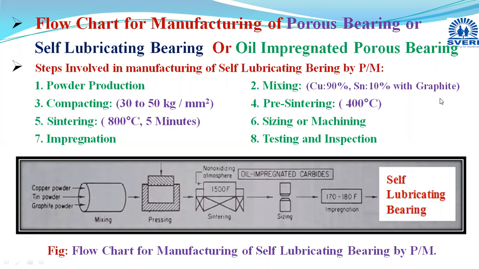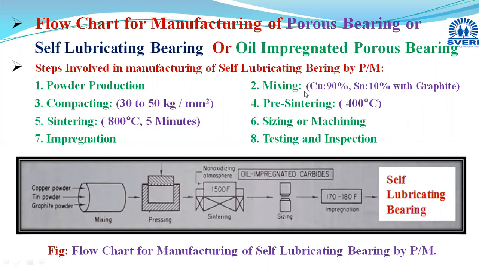this graphite. So in the second stage, we have collected copper and tin, along with a very small amount of graphite. A 90:10 ratio is taken for copper and tin, and a uniform and homogeneous mixture is obtained.